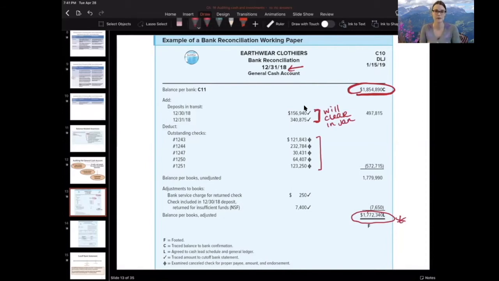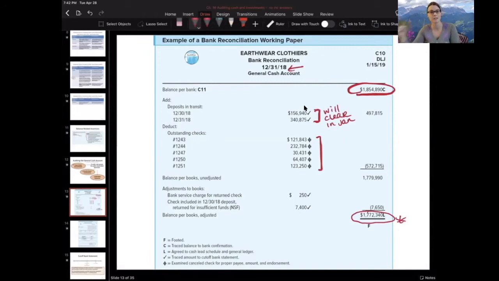The other difference is outstanding checks. These are checks that I have written to people. Okay, so it could be my employees, it could be vendors. I've written them, I've sent them out prior to year end, and the other party, the party who's actually going to receive the check, has not deposited the check yet.